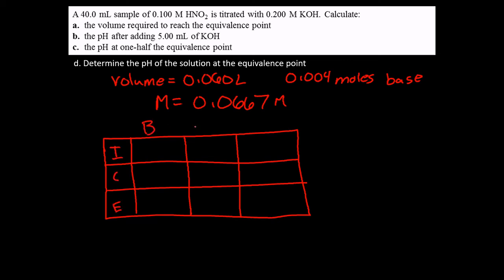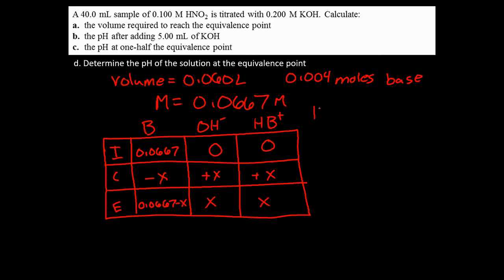We have our base, we have our OH minus, and we have our conjugate acid. We're starting with 0.0667 of the base, none of that, and none of that. We will lose some amount of our base, add some amount of OH minus and HB plus, so that we end up with 0.0667 minus x, x, and x.